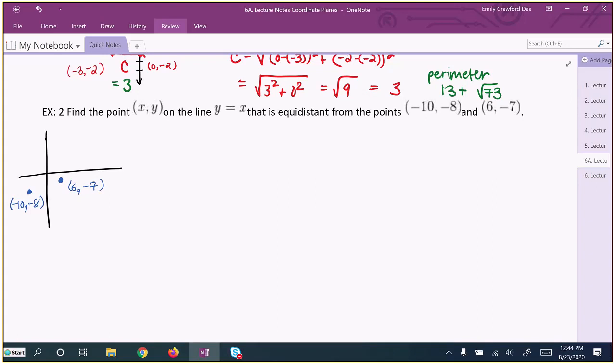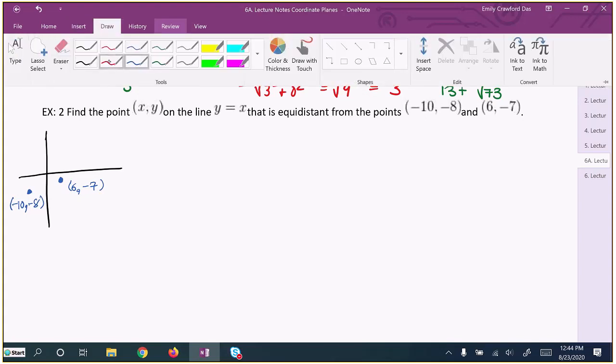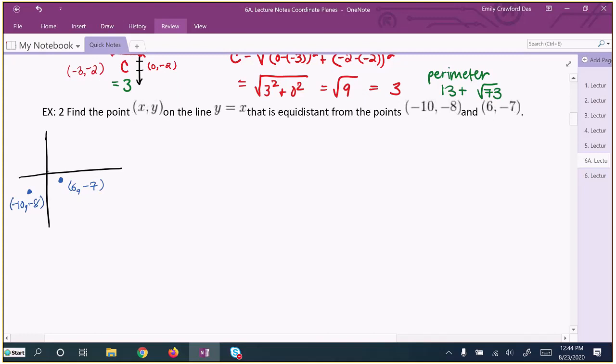Now, I know what the line y equals x looks like. Y equals x is the diagonal line of slope 1 that passes through the origin. So we talked about this a little bit when we did parent functions. And we said that any point that's on the line y equals x is going to be something like 1, 1 or 2, 2, or if it's down here on the other side it might be -1, -1.